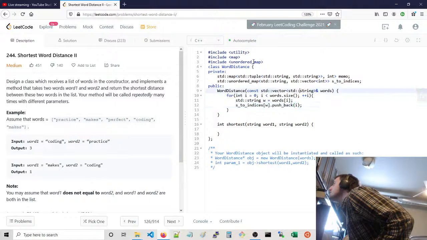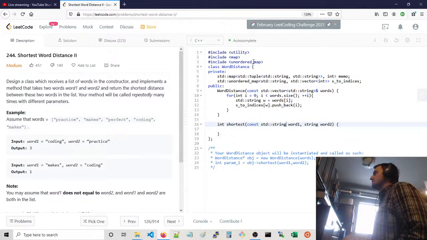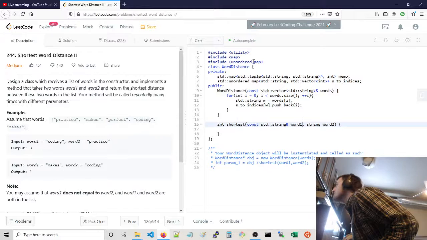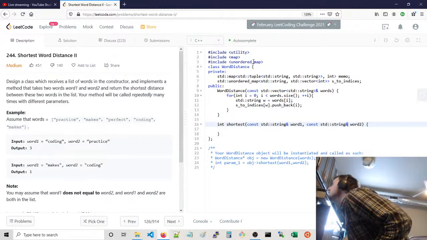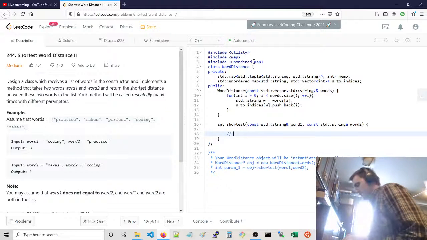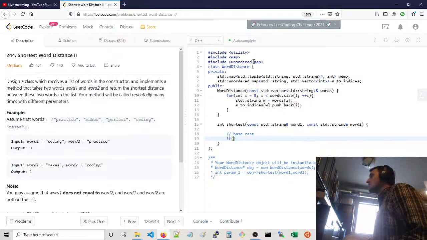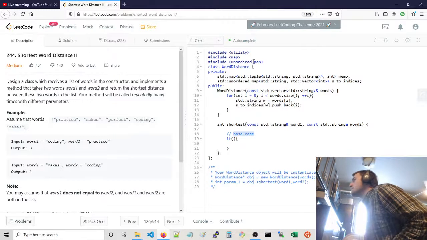And then we do something really straightforward. We say for these two words, const standard string reference word 1, same thing, word 2. Sort of a base case, I guess. It's not really a base case, but it's just a memoization check.